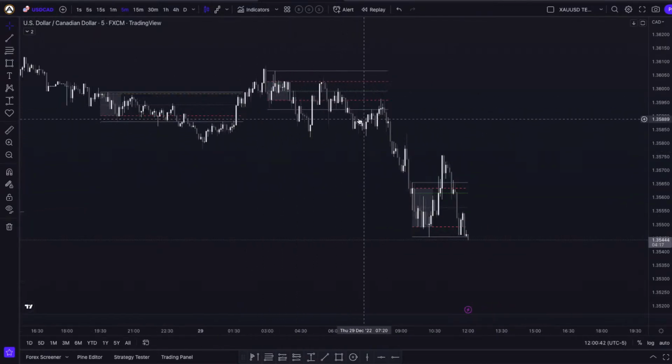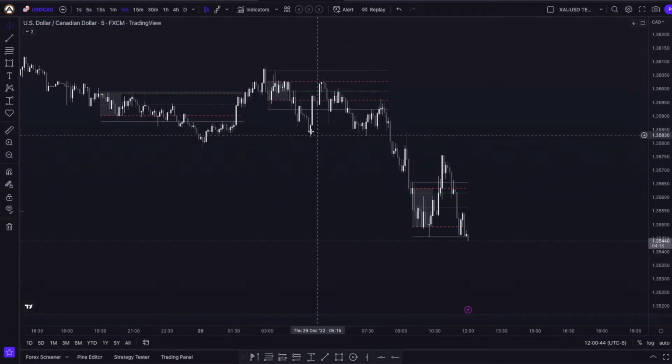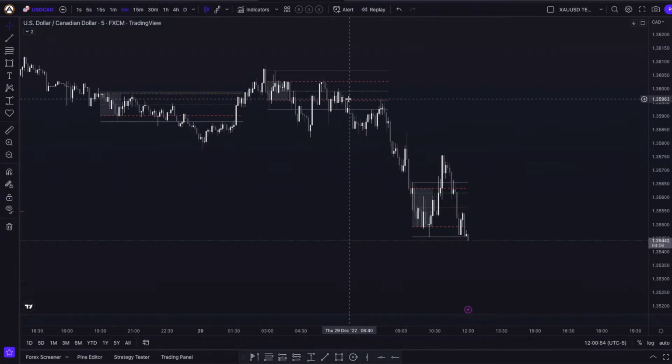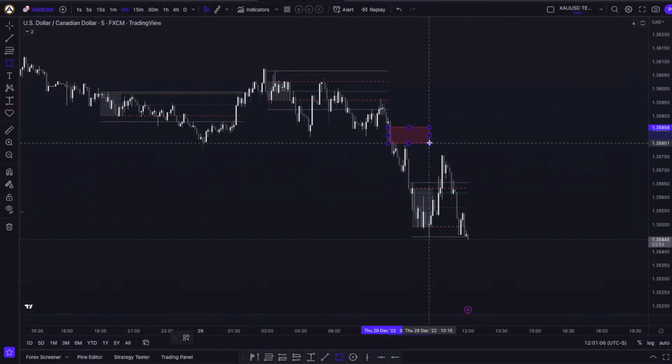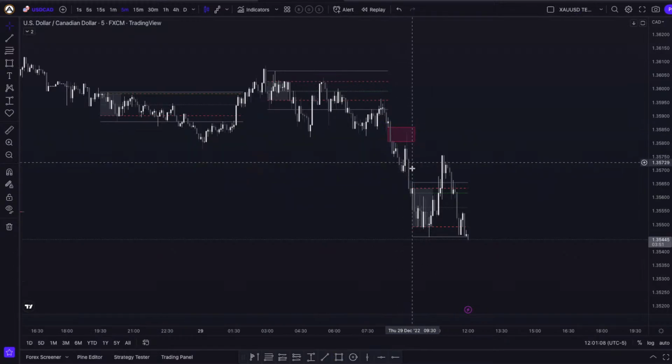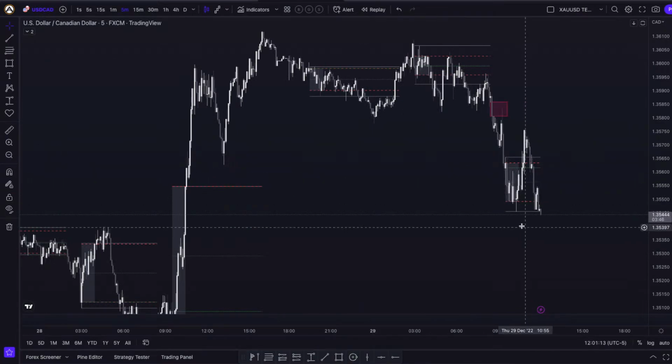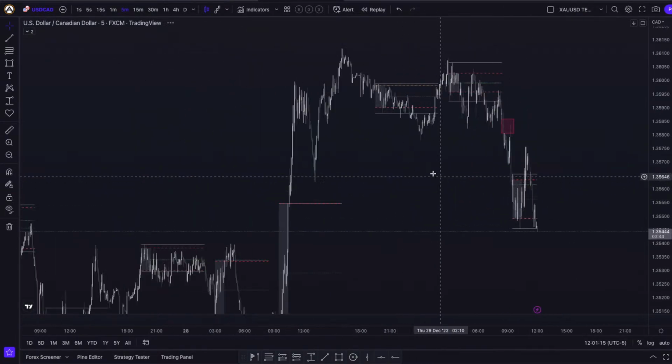Beautiful setup though for the overnight range with a close below, a pullback to our IDR high, change of character, pullback inside of this fair value gap, bearish engulfing candle, continuation lower, retest of our IDR of our overnight range low, bearish engulfing candle, continuation, fair value gap fill right here for a further continuation short. And I guess we're just continuing short for the rest of the day here on USD CAD.